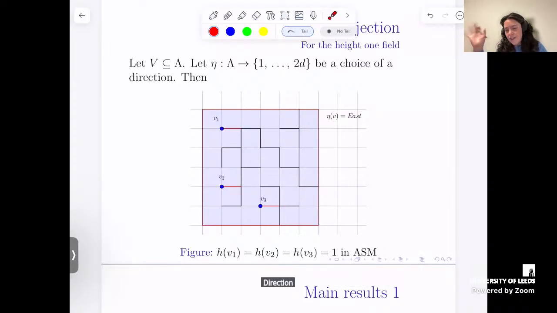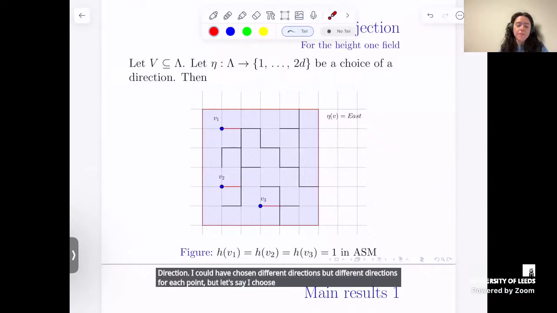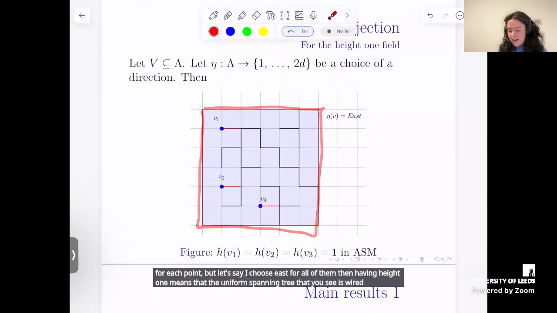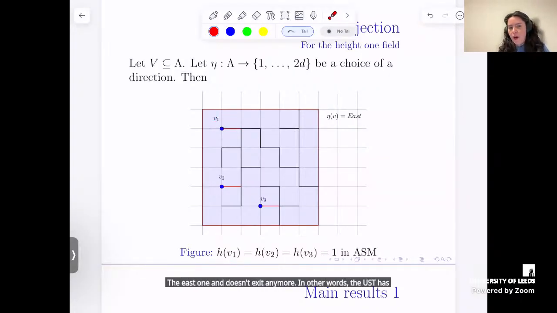I could have chosen different directions for each point, but let's say I choose east for all of them. Then having height 1 means that the uniform spanning tree that you see, wired or rooted at the boundary of my lambda, is entering V via my preferred edge, the east one, and doesn't exit anymore. In other words, the UST has degree 1 at each one of these points.